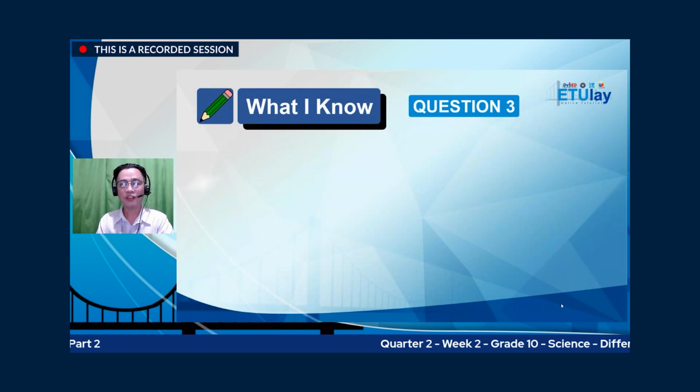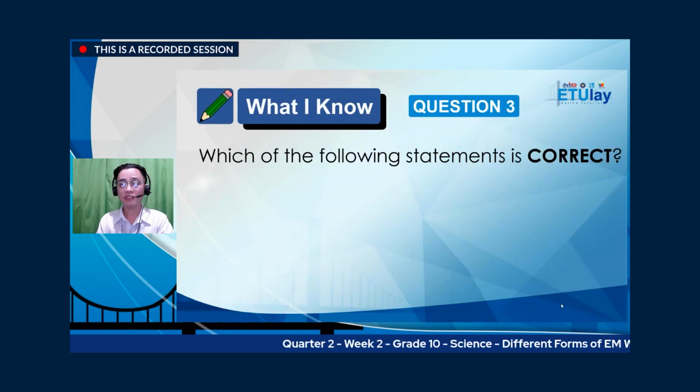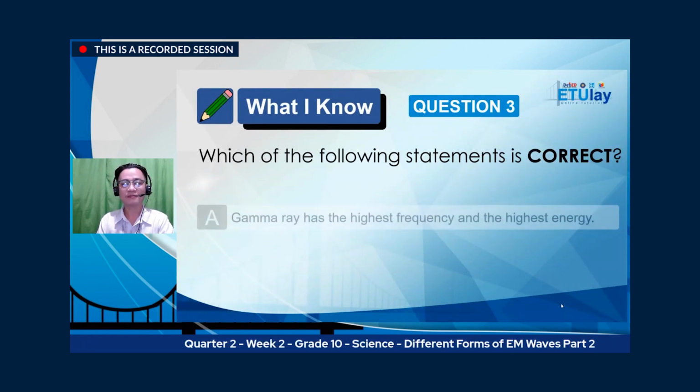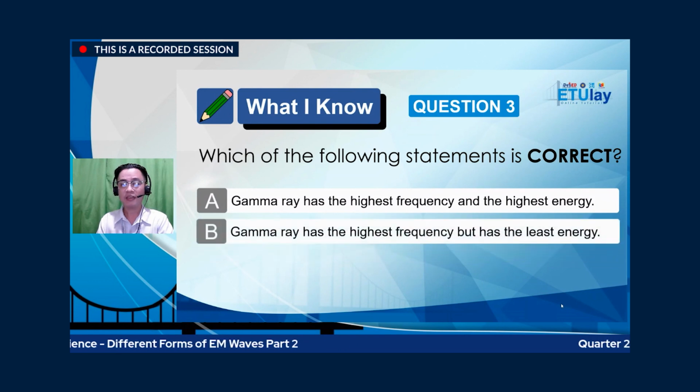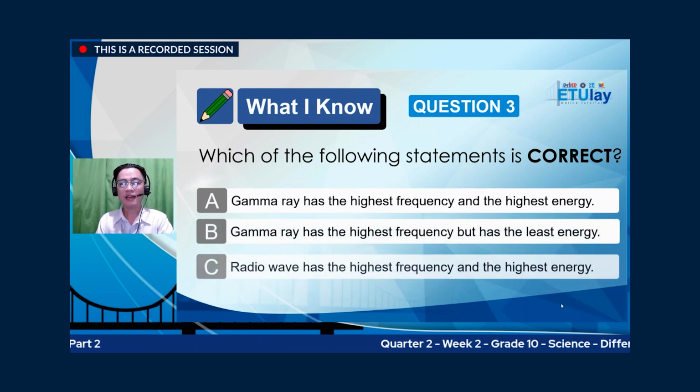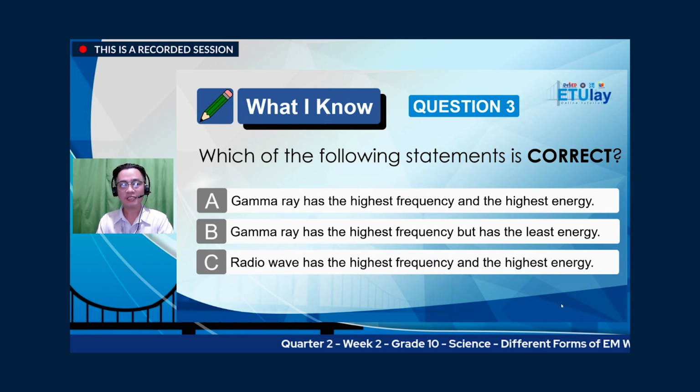Question number 3. Which of the following statements is correct? A, gamma ray has the highest frequency and the highest energy. B, gamma ray has the highest frequency but has the least energy. C, radio wave has the highest frequency and the highest energy.